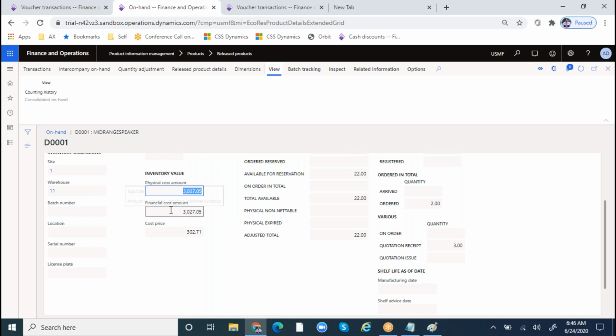Both are together only. It is the same. This is the effect only. So there is no two-step posting for inventory adjustment. Only one step, the financial posting. Both are the same for inventory.